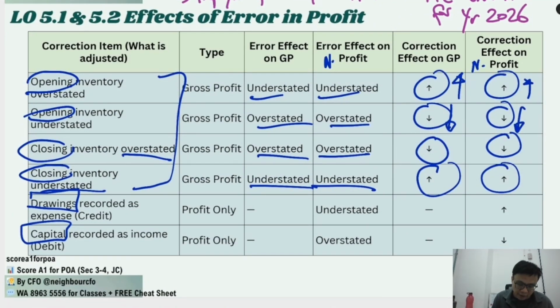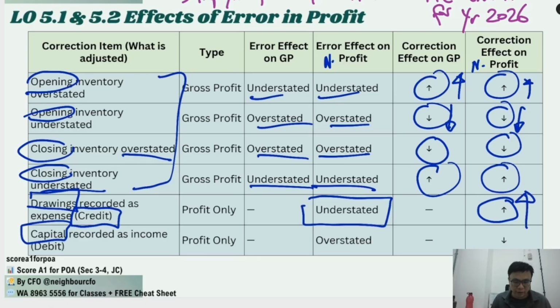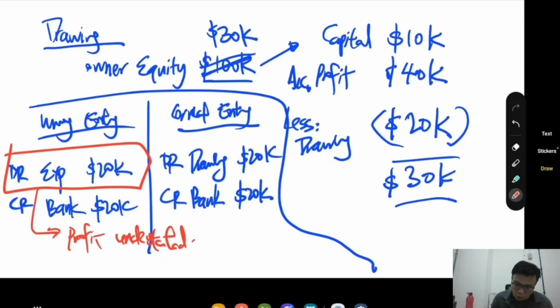You can go back and refer back to the slide here. Drawing recorded as expenses. So when your drawing is recorded as expenses instead, and when you do a correction of crediting it, this will lead to a correction whereby the profit from understated will now be corrected over here. So let us take a look one more time back to here.